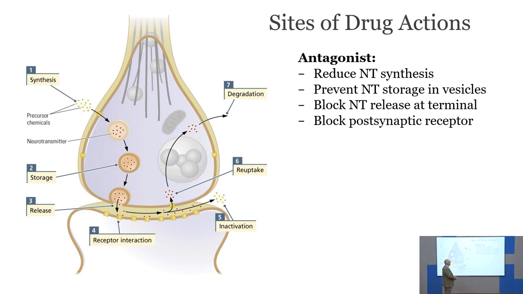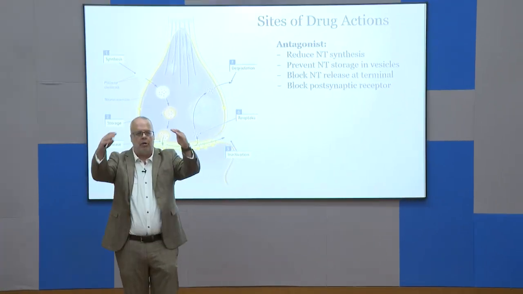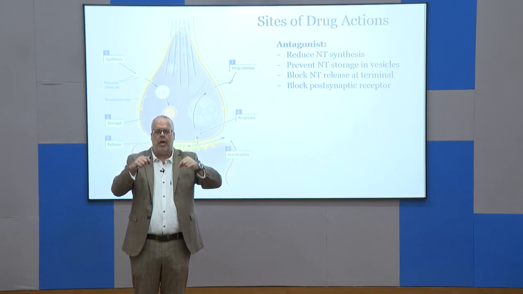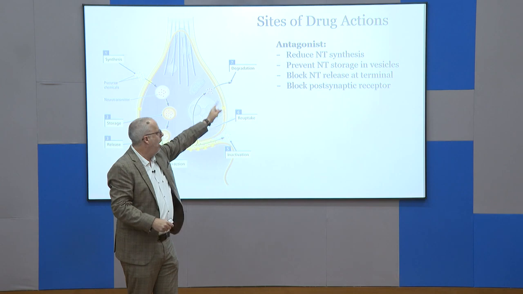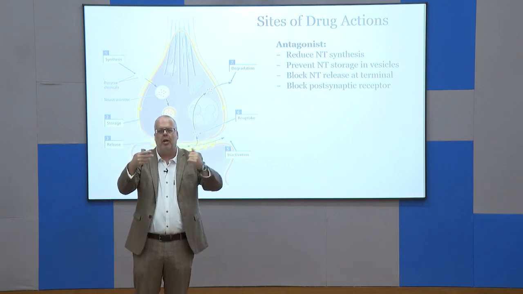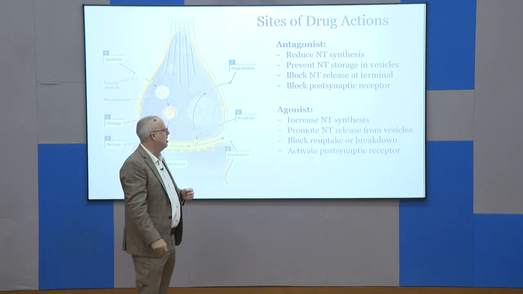We can block the neurotransmitter release at the terminal, right? We block those vesicles from fusing and releasing their contents. And we can also block the postsynaptic receptor. So the neurotransmitter is released, but it has no way to bind to the postsynaptic receptor and exert its effects. All of these are antagonistic. All of these are reducing or diminishing the efficacy of the neurotransmitter.